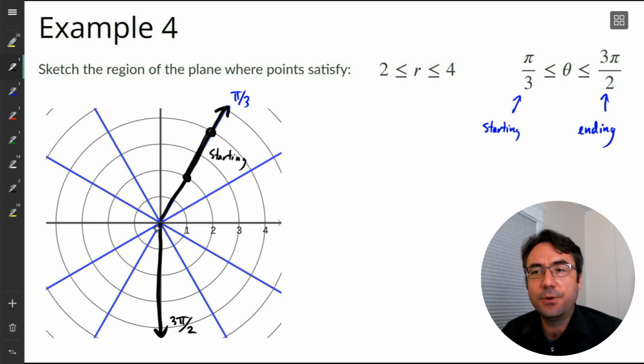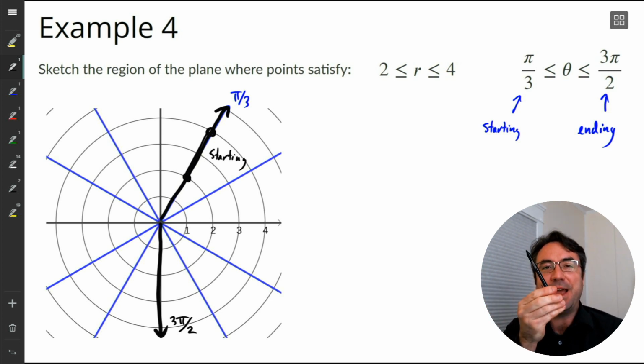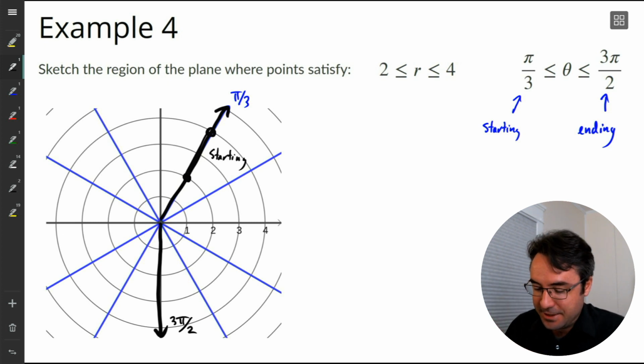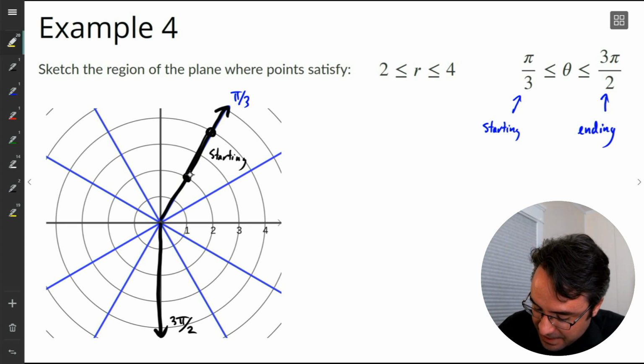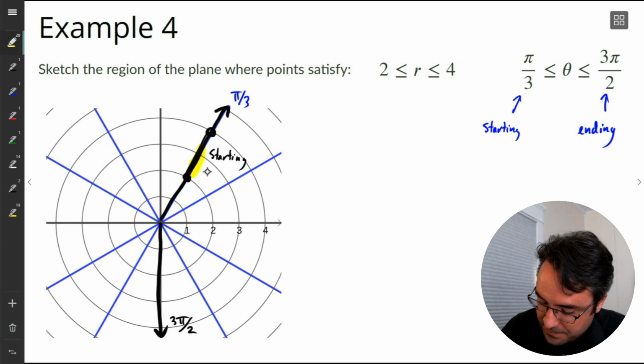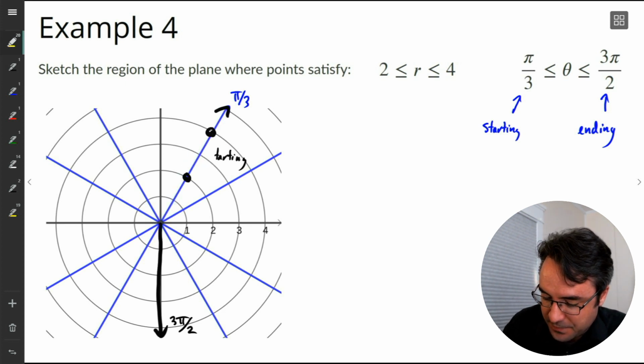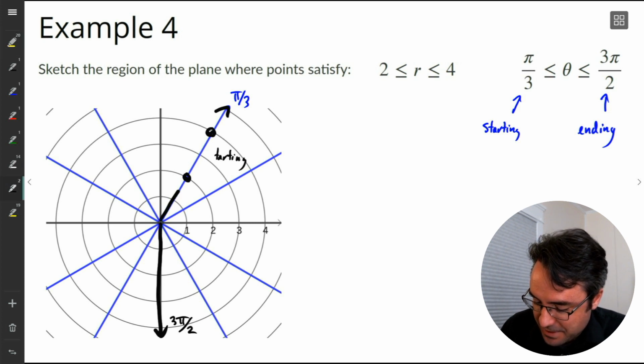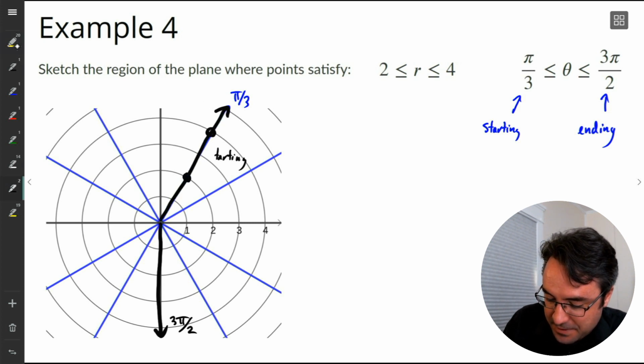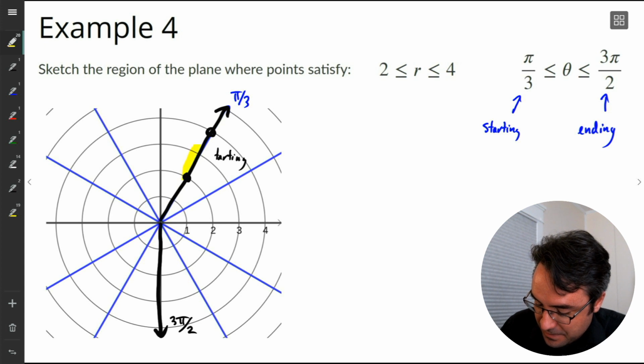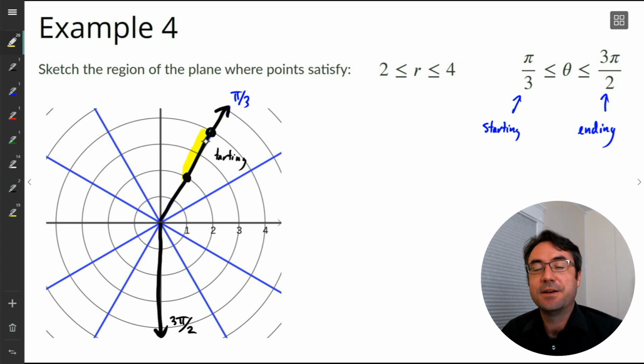So what we can do is imagine this ray that's sticking out of the origin, and then just imagine rotating it around the origin. And this is the section here that's going to trace out our region.